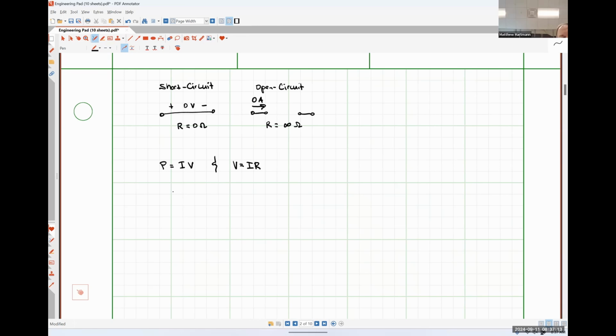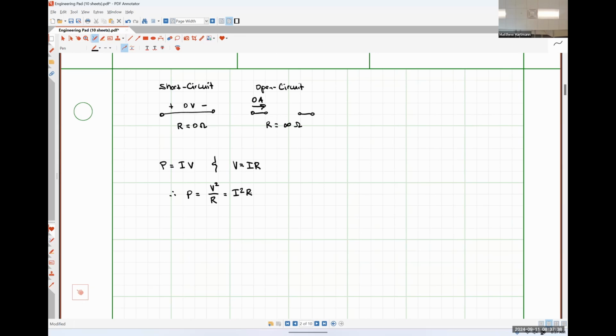From this, we can get the relationship that power is equal to voltage squared divided by resistance, or current squared times resistance. Whenever we have a resistor, we only need to know either the voltage or the current in order to calculate the power. We don't have to know both quantities.